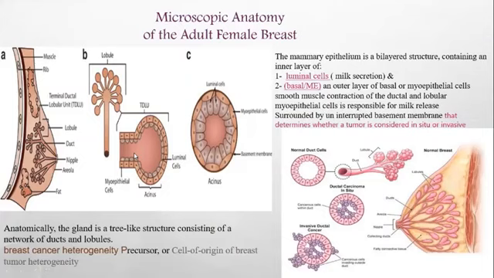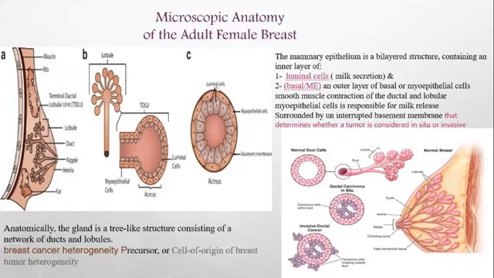The inner layer is the luminal cells, which are the secretory cells secreting the milk, and the outer layer is the myoepithelial cells, the basal cells, which are smooth muscle responsible for the ejection of the milk, okay?